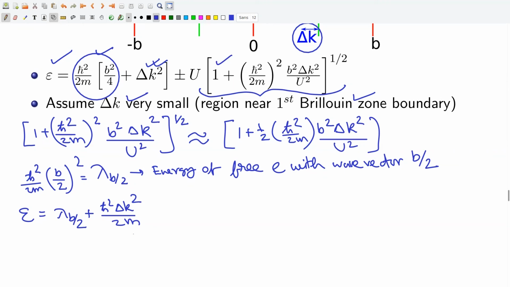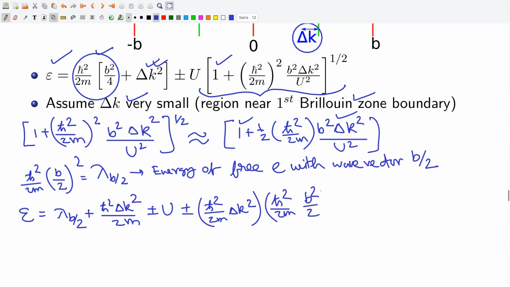The third term is plus minus u times 1, and then we have plus minus, so we use the small delta k approximation, and then this turns out to be h cross square by 2m delta k square times h cross square by 2m b square by 2 times, so 1 u gets cancelled, so this is 1 by u.